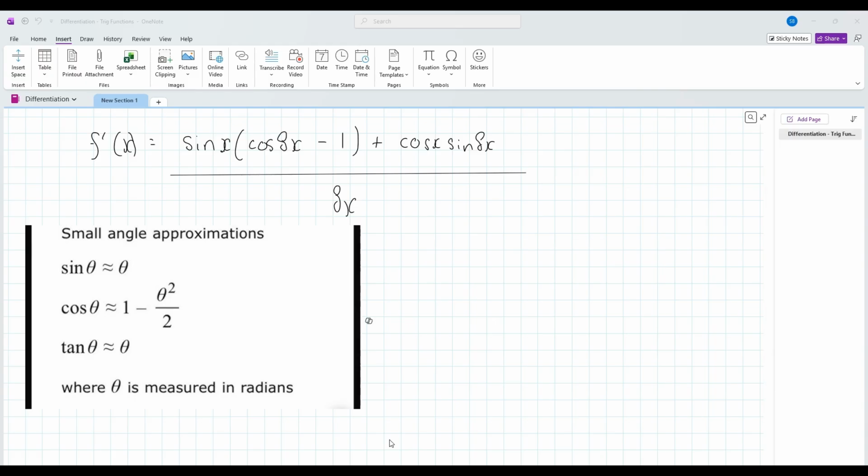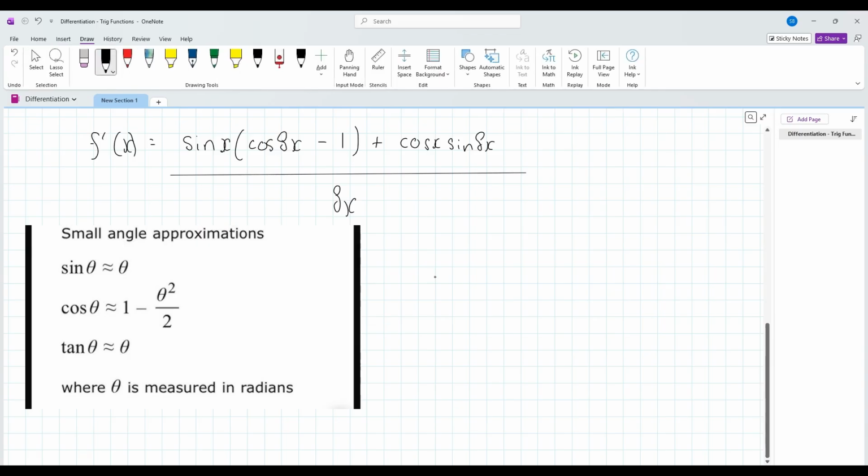So in our case, the theta will be delta x. So let me just write that down. Theta equals delta x.